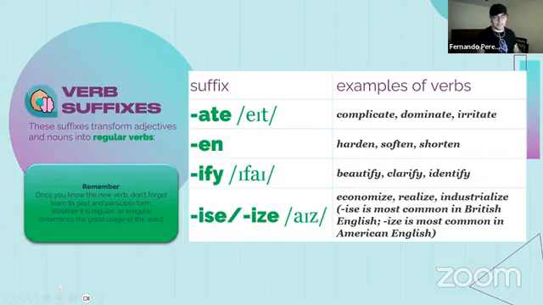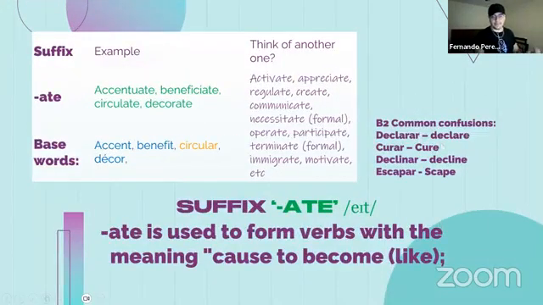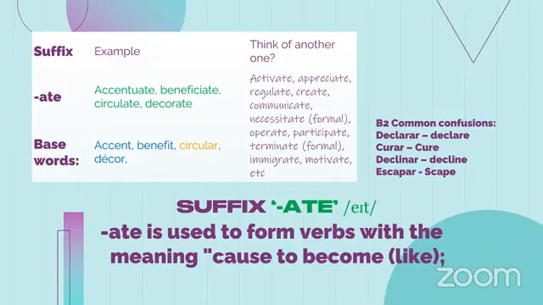Okay. Let's practice -ate. Help me reading the usage of -ate. Let's start with Carlita. -ate is used to form verbs with the meaning 'to become like'.